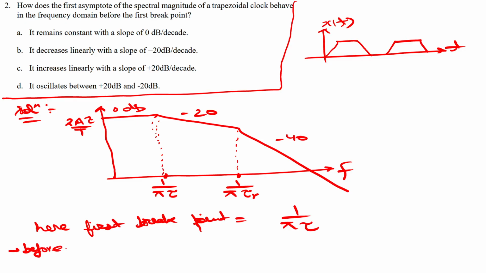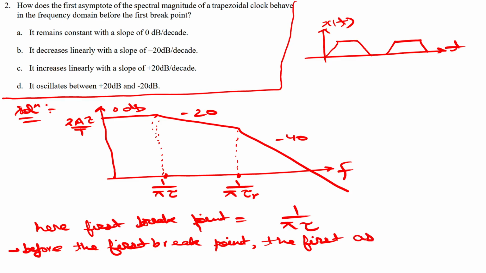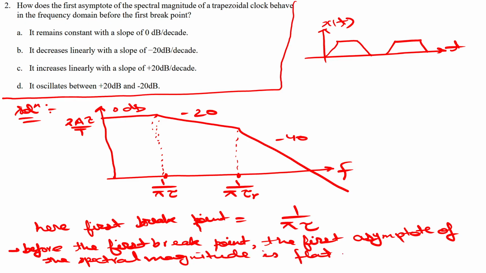So before the first breakpoint, the first asymptote of the spectral magnitude is flat, indicating a 0 dB per decade slope.